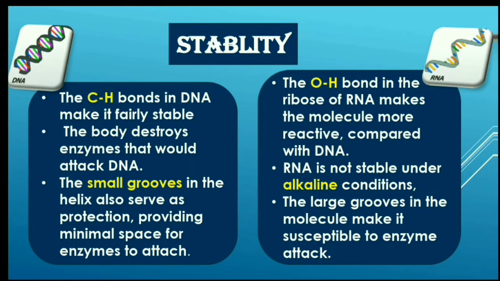The second reason is that RNA is not stable under alkaline conditions, and the last is that the large grooves present in the molecule make it more susceptible to enzyme attacks. Clear? So these are the three reasons behind the instability of RNA, and above you have the reasons behind the stability of DNA.